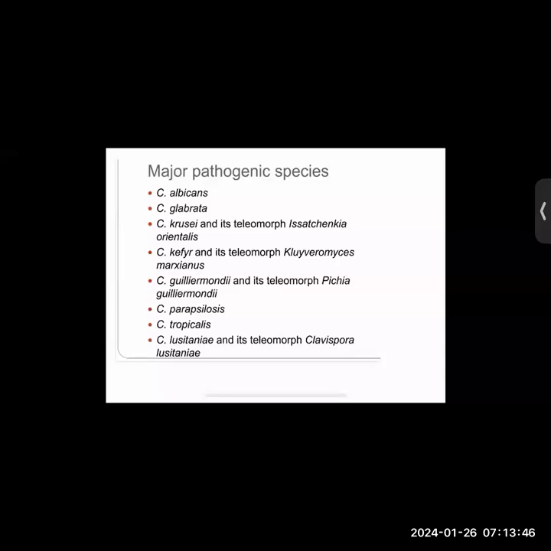Next slide, please. The major pathogenic species are listed below: Candida albicans, glabrata, krusei, and others, down to Lusitaniae, whose teleomorph is Clavispora lusitaniae.